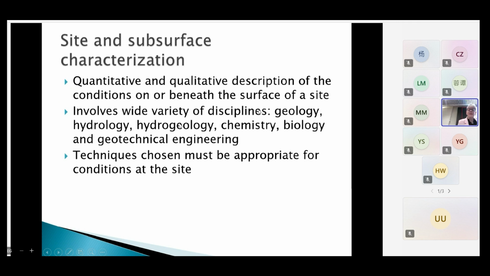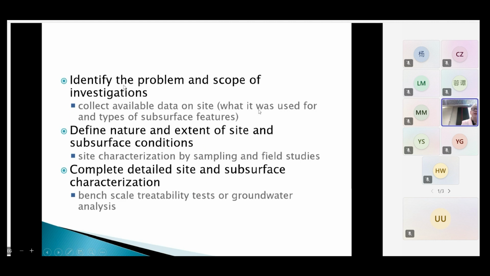All of these are needed to do the complete characterization of the site. So you have to collect a lot of data to find the nature and extent of the site, and what kind of characterization is needed.